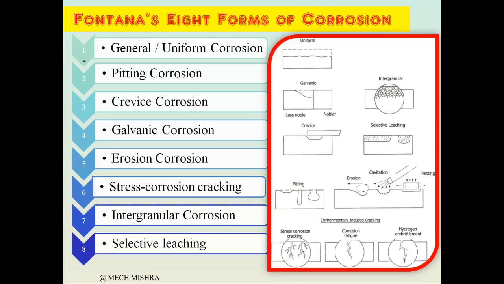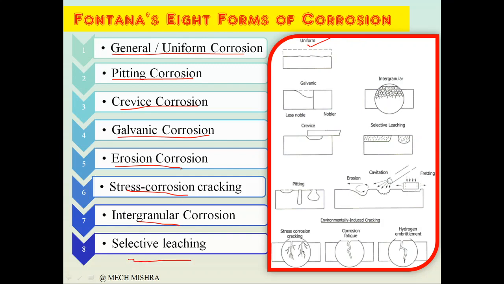First we will start with general and uniform corrosion. Here I have shown a pictorial representation of the corrosion types. First is general or uniform corrosion, then pitting corrosion, crevice corrosion, galvanic corrosion, erosion corrosion, stress corrosion, intergranular corrosion and selective leaching.